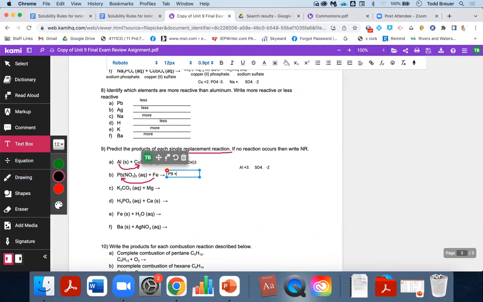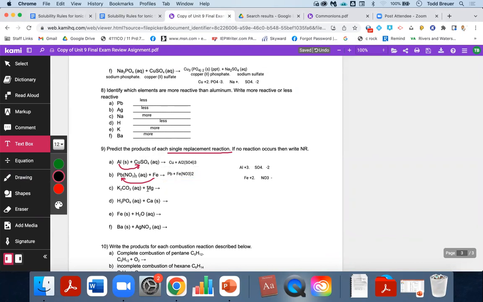Lead goes off by itself, Pb. And then iron and nitrate join together. Iron, we said we're going to assume it was the +2 that formed. Nitrate, we always know from the ion chart, is always -1. That means we need 2 nitrates, but 1 iron. So we'll write Fe, NO3 in parentheses, the 2 outside, there's our products.